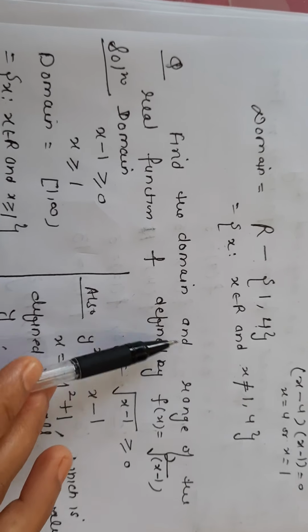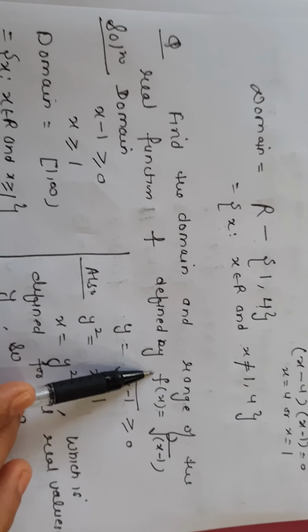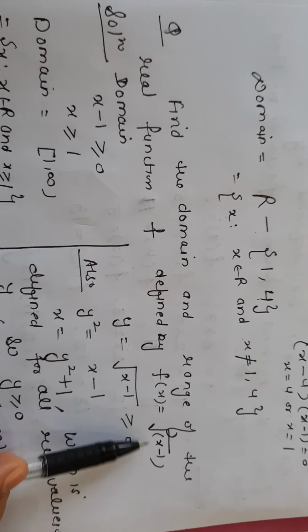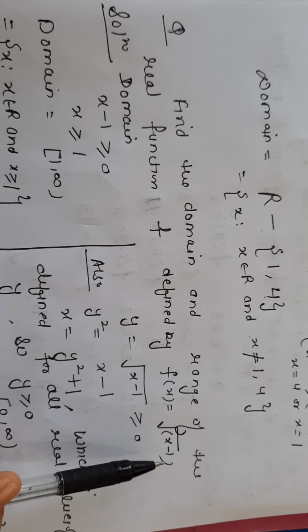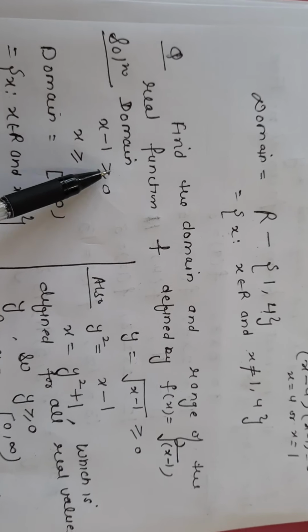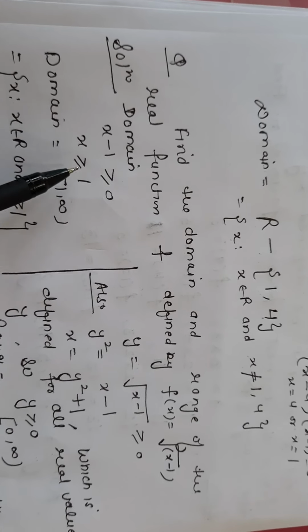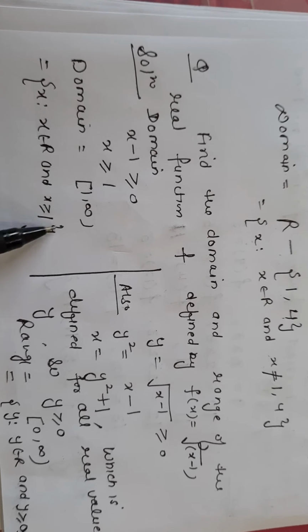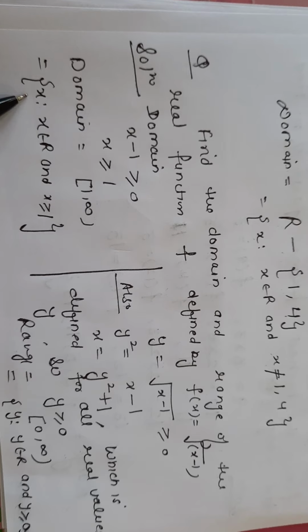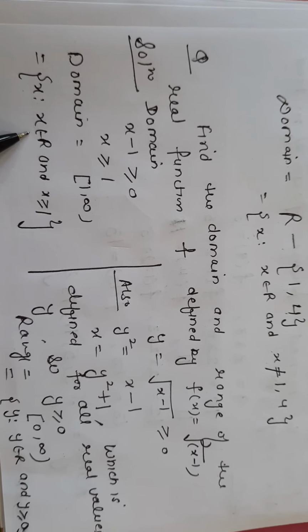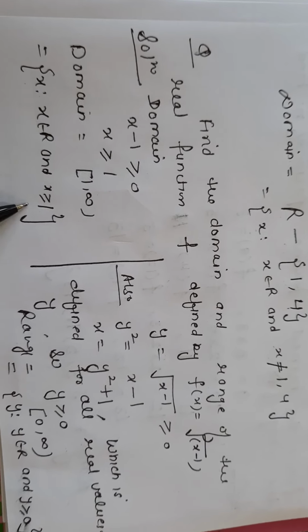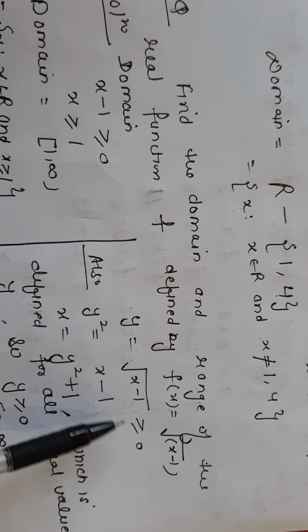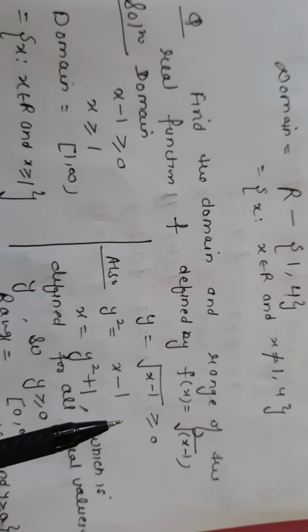Next, find the domain and range of the following real function f of x equal to root of x minus 1. Now this is a question of root. So for domain we write this is defined when x minus 1 is greater than or equal to 0, x is greater than or equal to 1, so your domain will be 1 to infinity, or in set builder form, set of those x where x belongs to real and x is greater than or equal to 1. Now as y is equal to root of x minus 1, we know that this is always greater than or equal to 0.